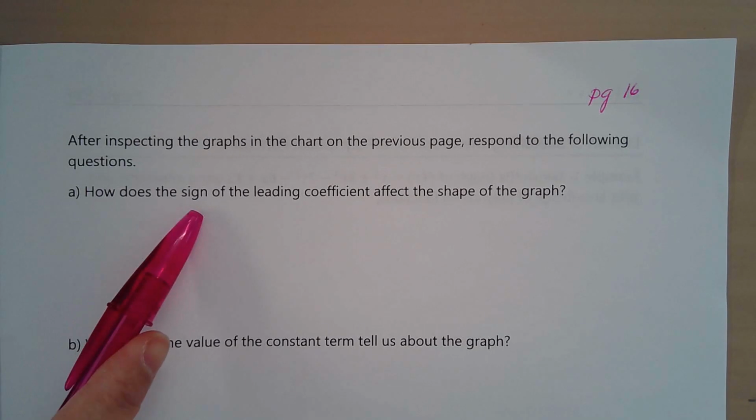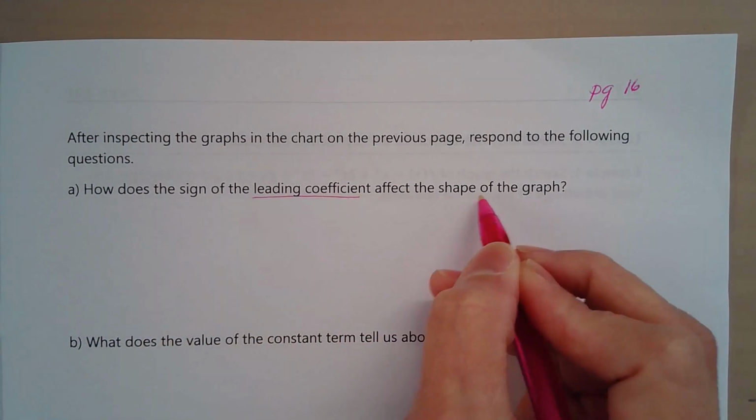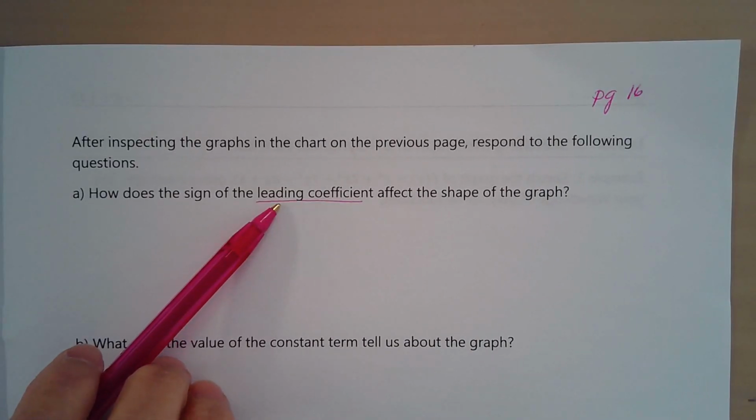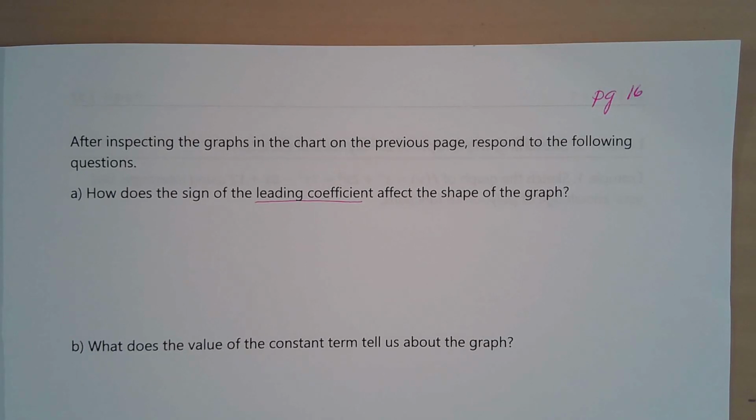How does the sign of the leading coefficient affect the shape of the graph? Now, first of all, what does this leading coefficient mean? What is a leading coefficient? Have you heard of the leading coefficient?